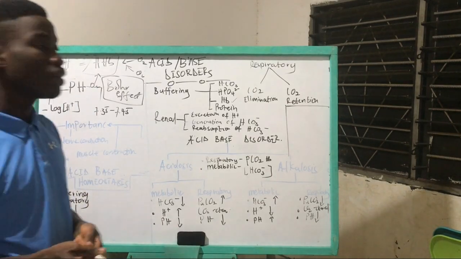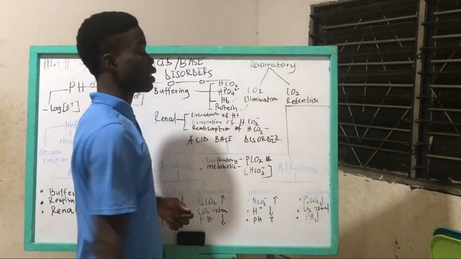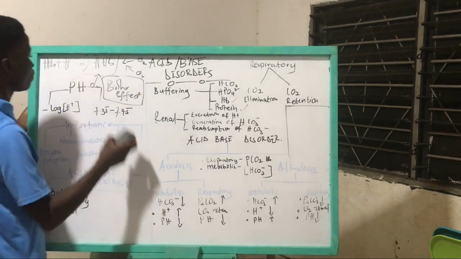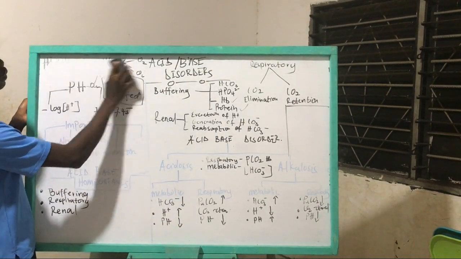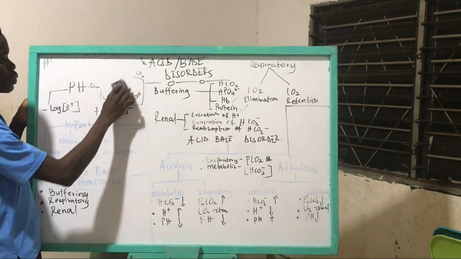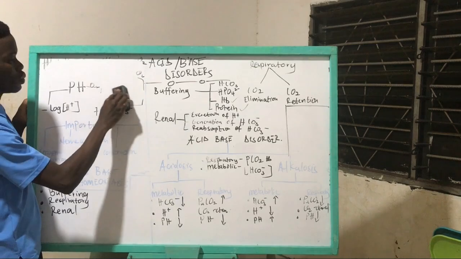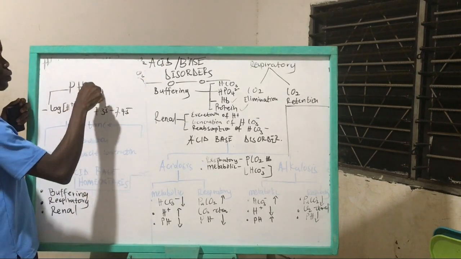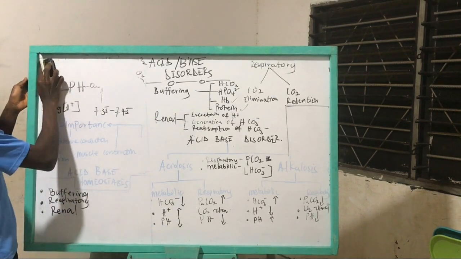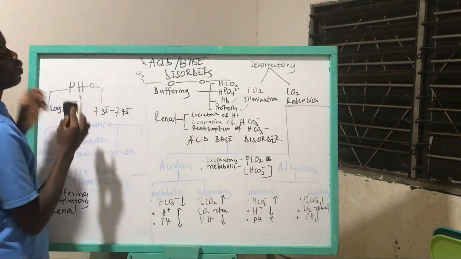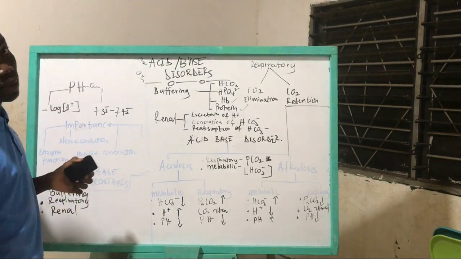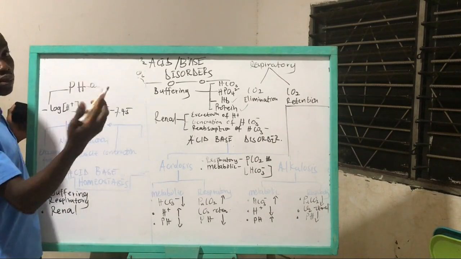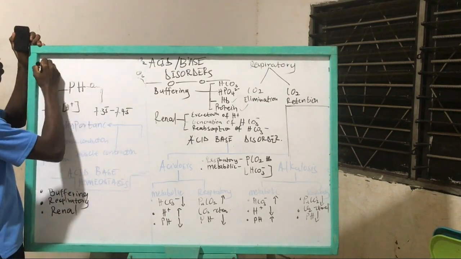Alright. Now let's talk about how protein can act as a buffer. So we know that the most abundant protein among the plasma proteins is albumin.